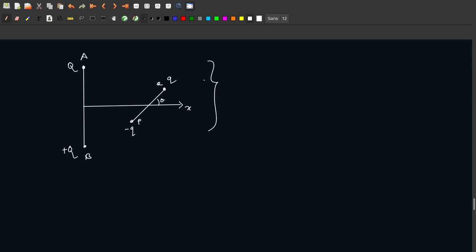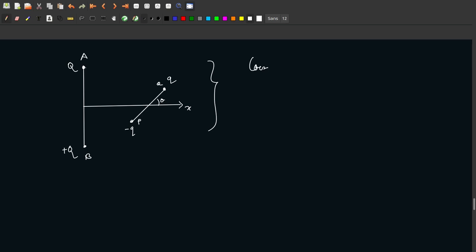So obviously what you have to do is just find out these distances for the potential energy. So first of all, let us find the distance AQ. Before that, let me quantify the coordinates.